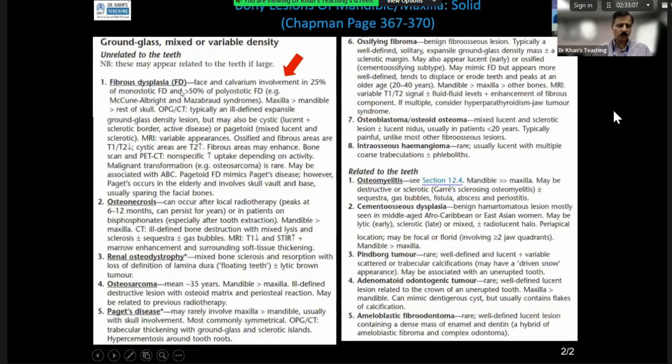Fibrous dysplasia is extremely important for your exam, and you should have clear-cut concepts about it. The summary is written here, so you can revise it from here.